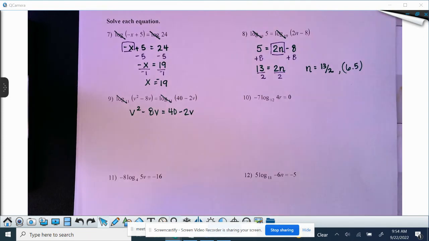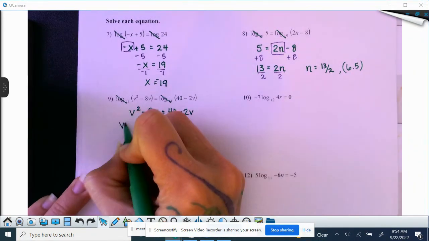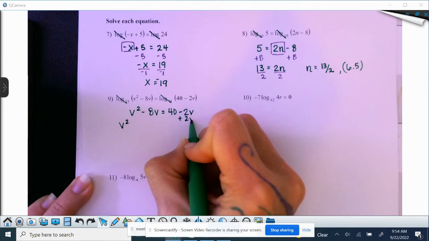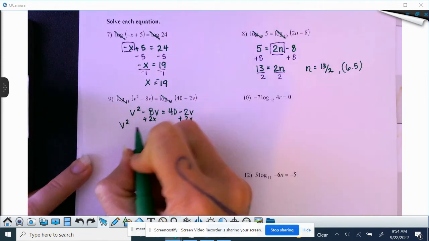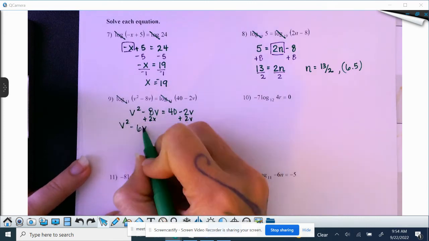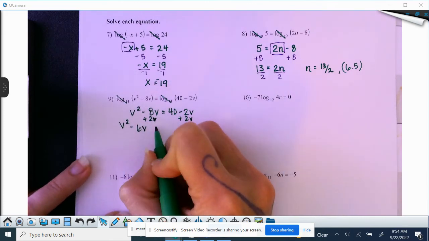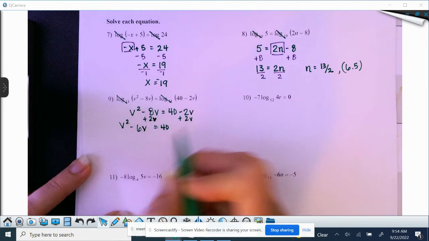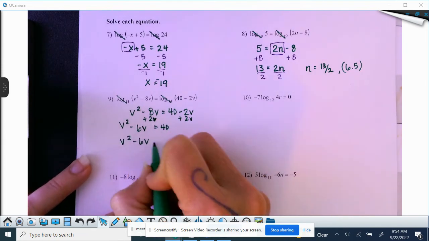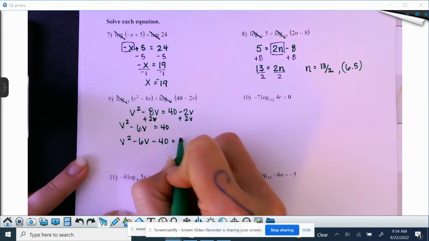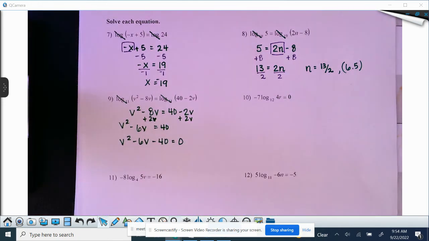So I'm going to add 2v to both sides because I'm going to come over towards the v squared part since it is already positive. So v squared minus 6v equals 40. I want the 40 to come over, so v squared minus 6v minus 40. Now I can factor or get to solving at this point.